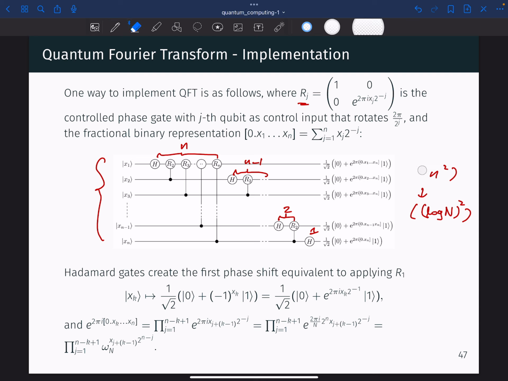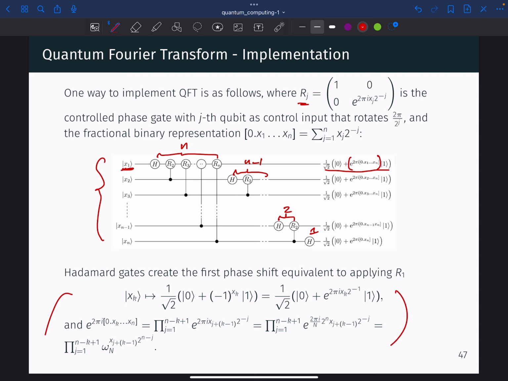So first of all, for each bit, let's say the first bit, you'll be mapped into this equal superposition between 0 and 1, but where the 1 bit will have a phase shift of this term. And we can verify that the control phase gate is indeed creating this phase shift. We can just verify this equation here.